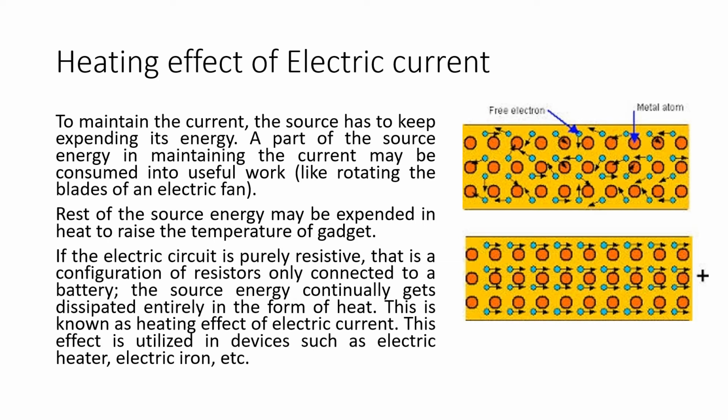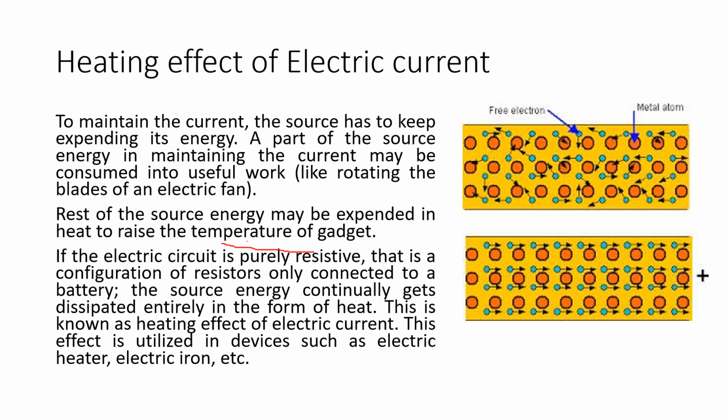For example, when you put on the fan, then the blades of the electric fan are rotating, but at the same time the motor is getting hot, even the wires are getting hot. So some energy is converted into mechanical energy, but some energy is also converted into heat. So source energy is expended to increase the temperature of the gadget.